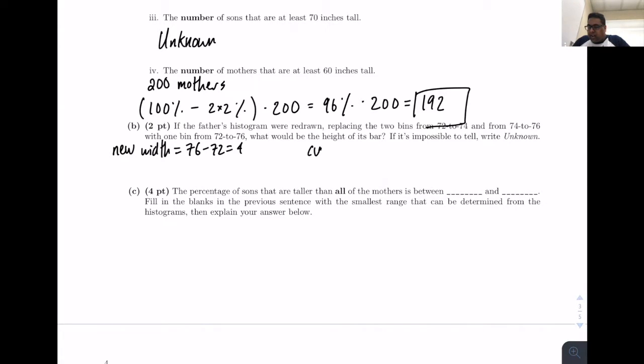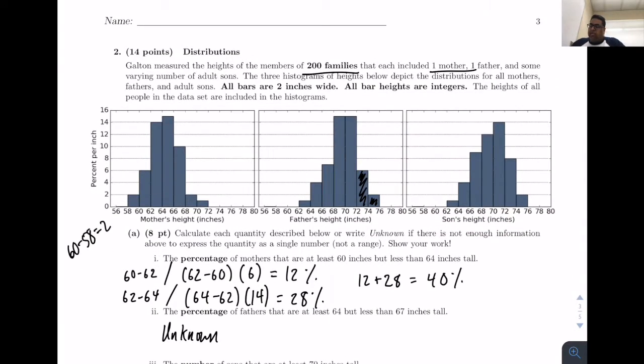So first we want to find our current area, because the sum of those two areas must be equal to the area of the 72 to 76 bar. Because again, histograms are based off proportion, so the sum of these two areas will tell you the proportion of values that are between 72 and 76 inches, and that must hold true even if we have one unified bin.